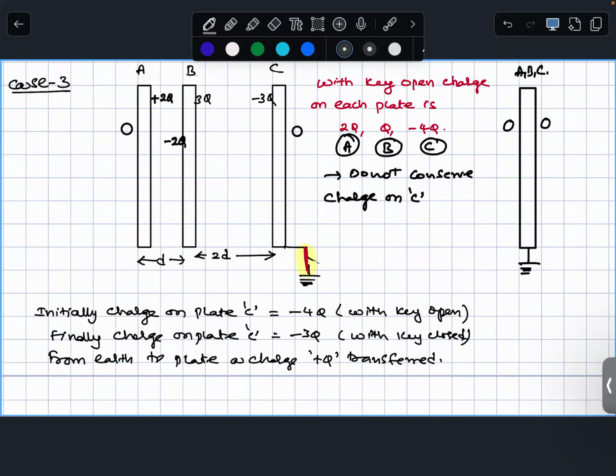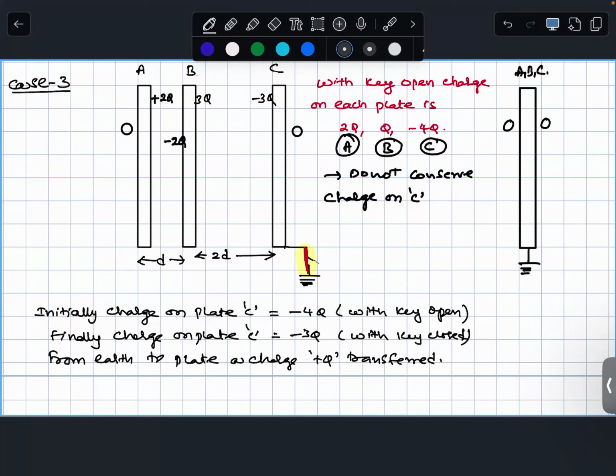No. From earth to plate. If it is plate to earth, minus q is transferred. If that is the case, minus q is transferred from plate to earth.